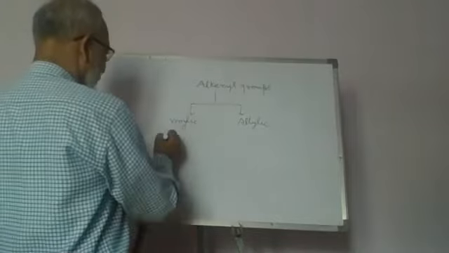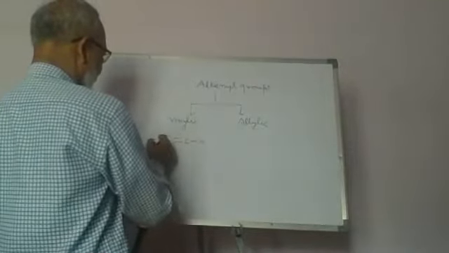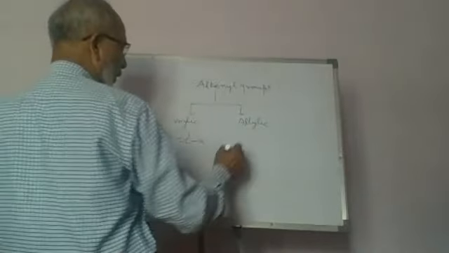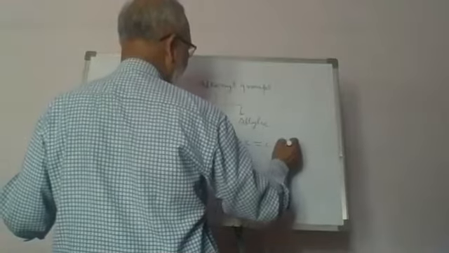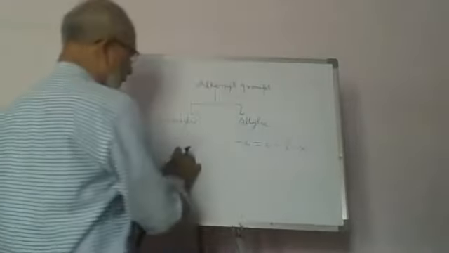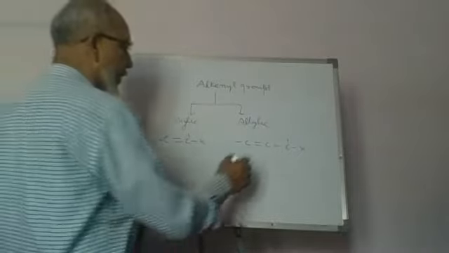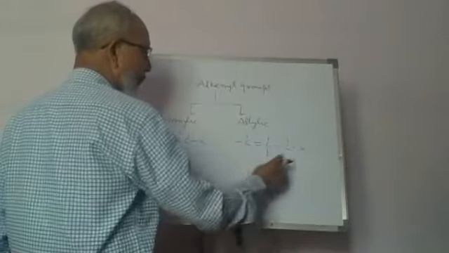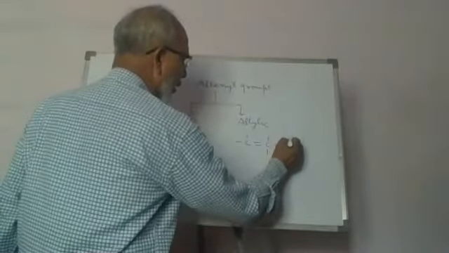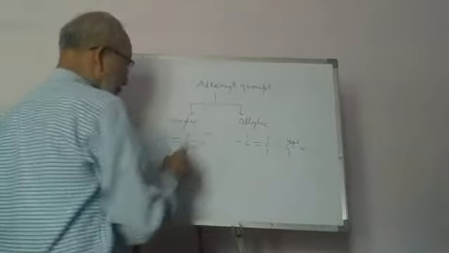In vinylic, it will be this kind of bonding, and in allylic, the halogen atom will be attached with the sp3 hybridized carbon atom, while here the halogen atom is attached with sp2 hybridized carbon atom. You see here, this is your sp3 hybridized carbon, and this is your sp2 hybridized carbon.